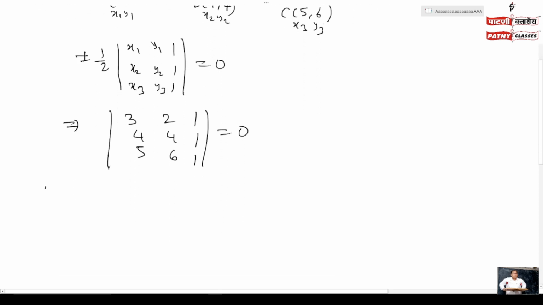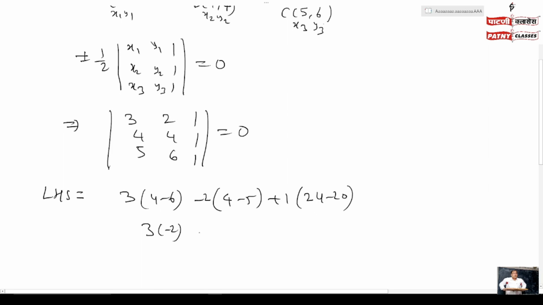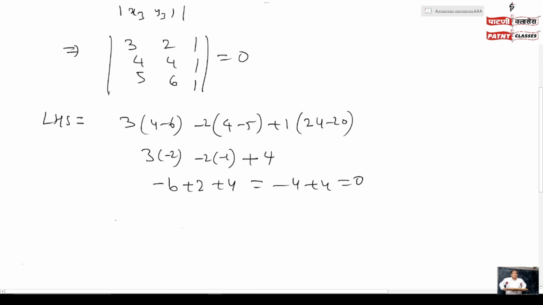So let us see LHS. 3 into 4 minus 6, minus 2 into 4 minus 5, plus 1 into 24 minus 20. 3 into minus 2, minus 2 into minus 1, plus 4, which is minus 6 plus 2 plus 4, equals minus 4 plus 4 equals 0, and therefore it is RHS.